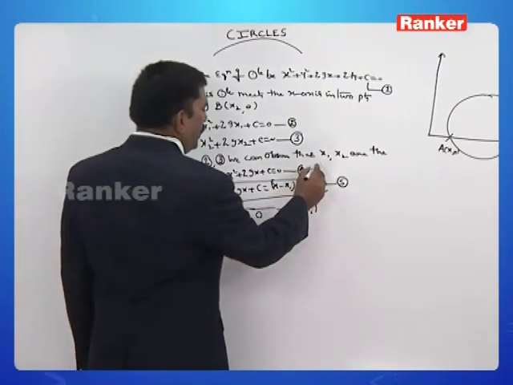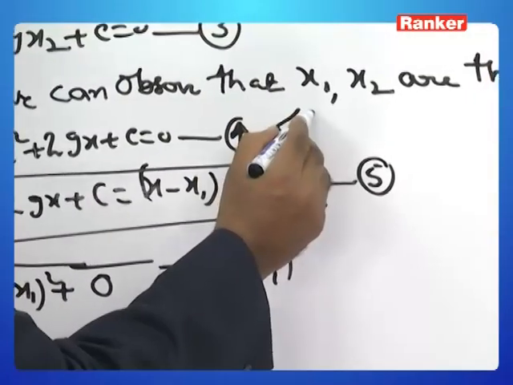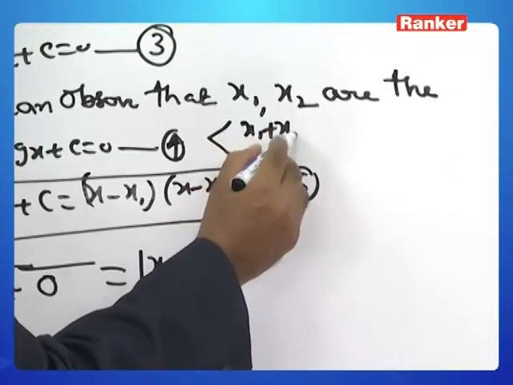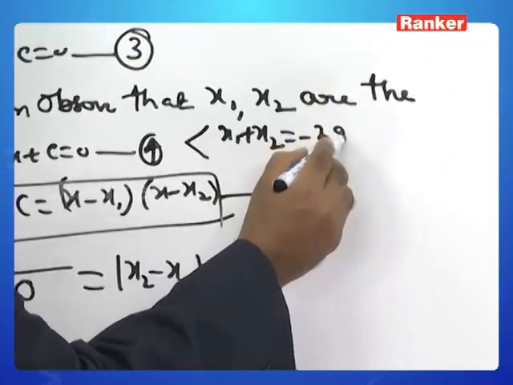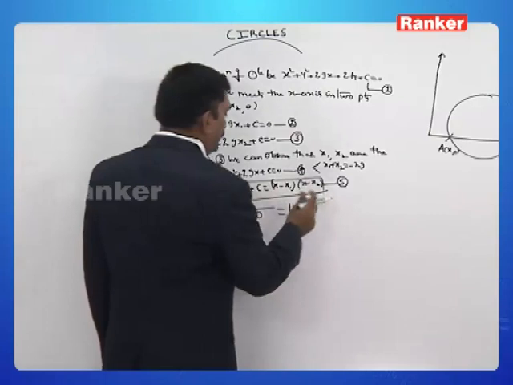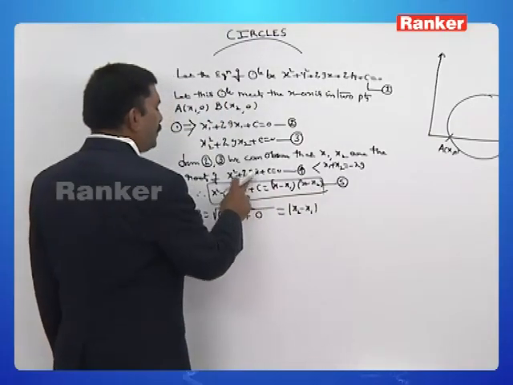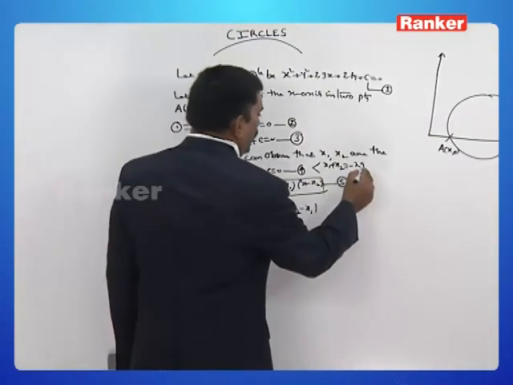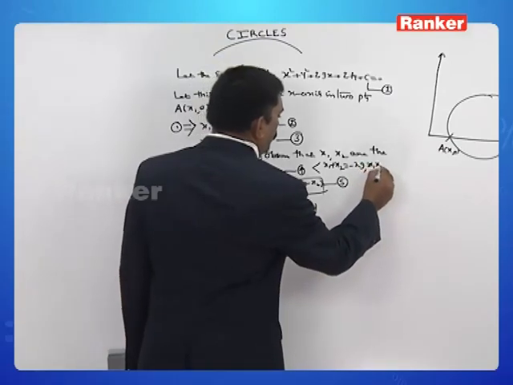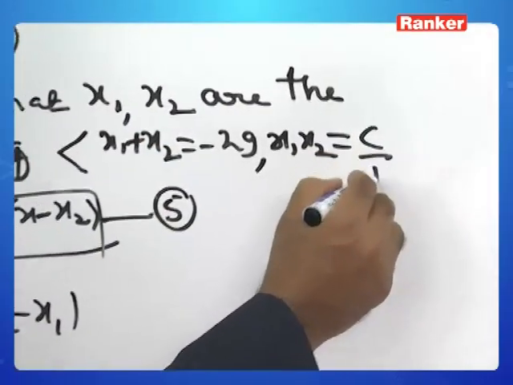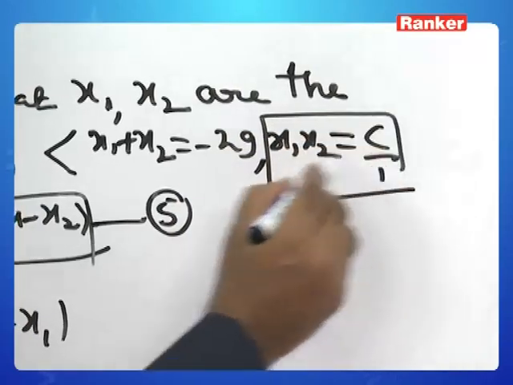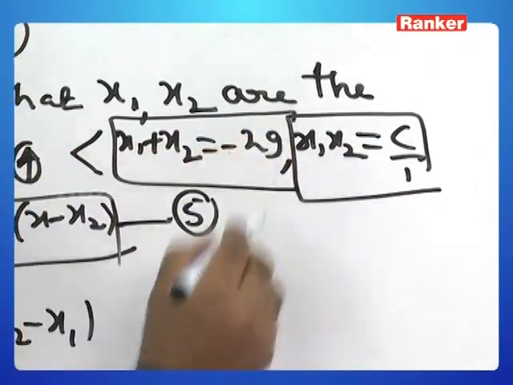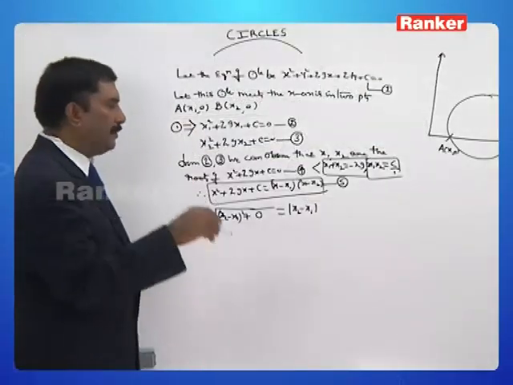Here, the roots, which implies the sum of the roots is equal to minus 2g, that is minus of x coefficient by x square coefficient, and the product of the roots is equal to constant by 1. So this is the product of the roots, this is the sum of the roots when x1, x2 are the roots.